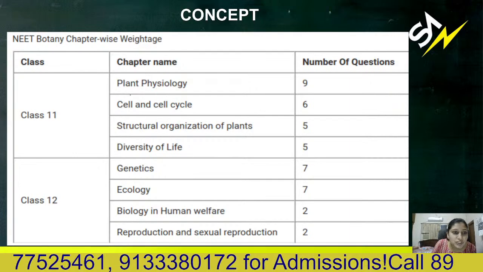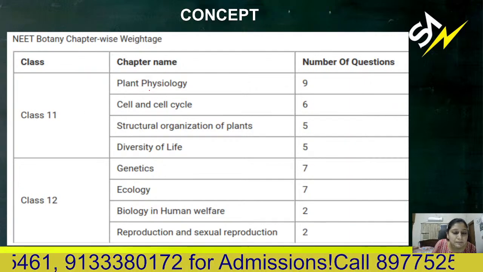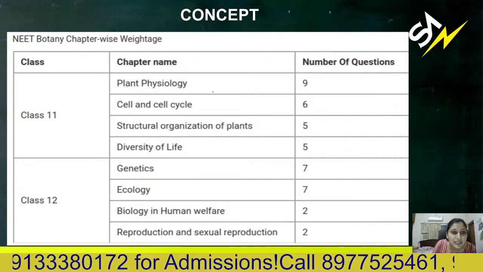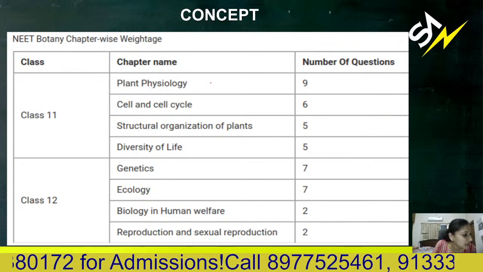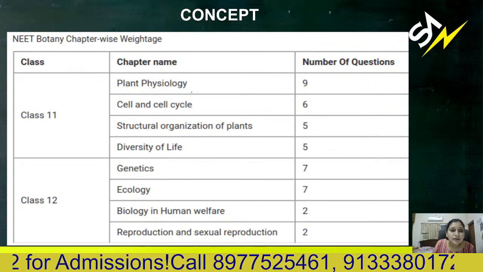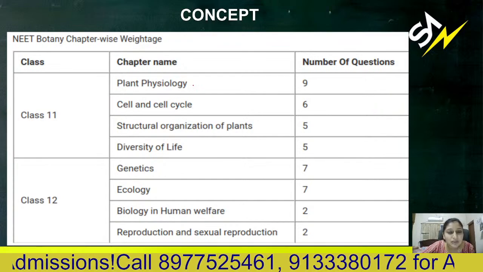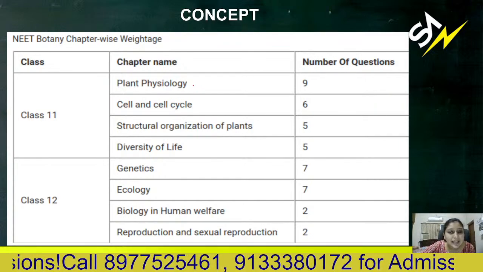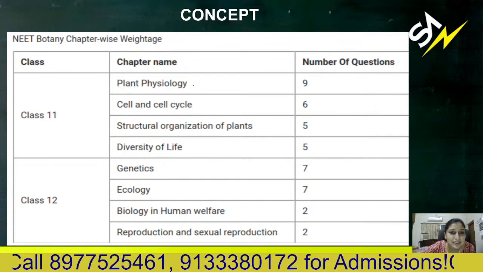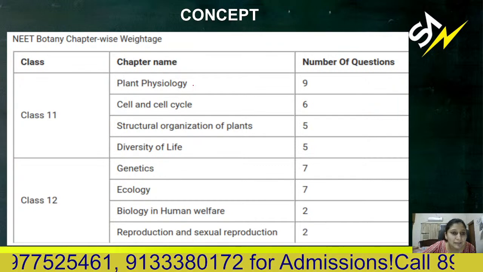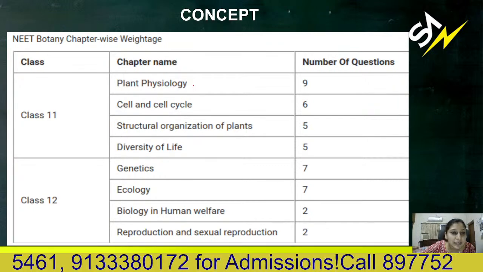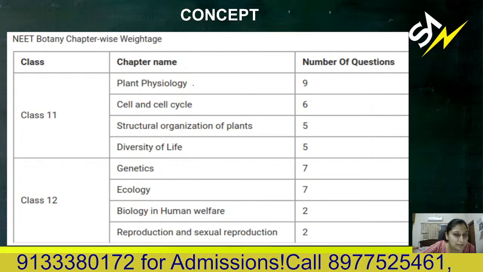So here you can check the 11th units. You can see plant physiology includes transportation, mineral nutrition, photosynthesis, respiration in plants, and plant growth and development. 5 chapters in plant physiology.